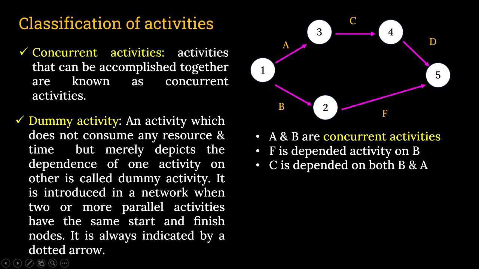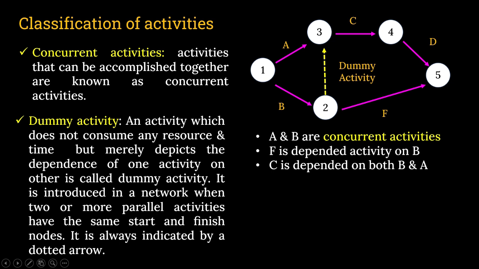Here you can see clearly that A is completed, then C can start. Here in the clause it is mentioned C is dependent on both B and A. That means you need to connect node 2 and node 3 together with one imaginary line, that is a dummy activity. Then this point 3 will be fulfilled.